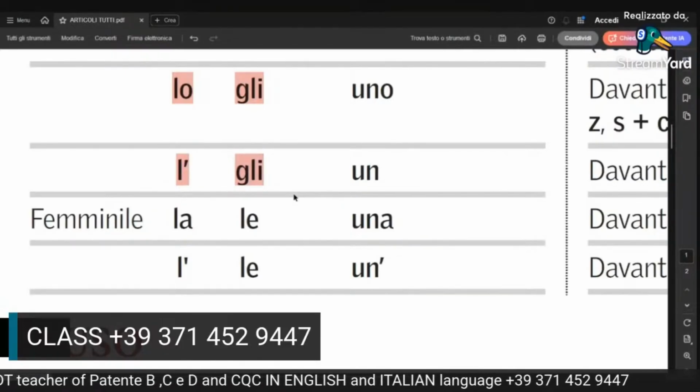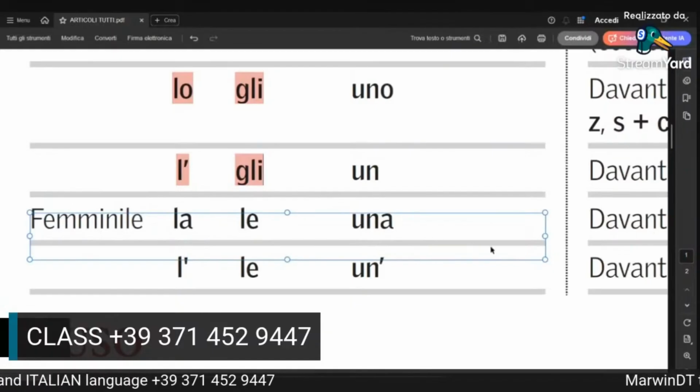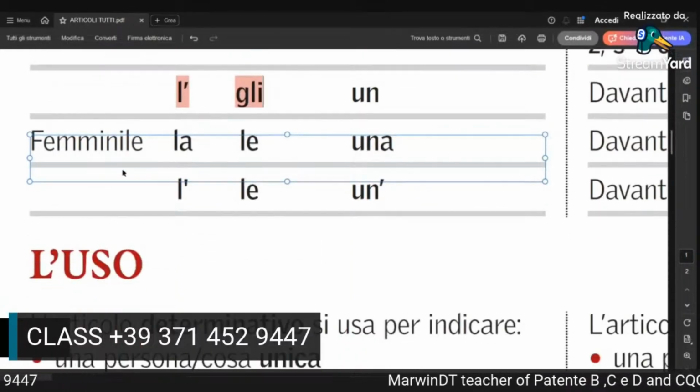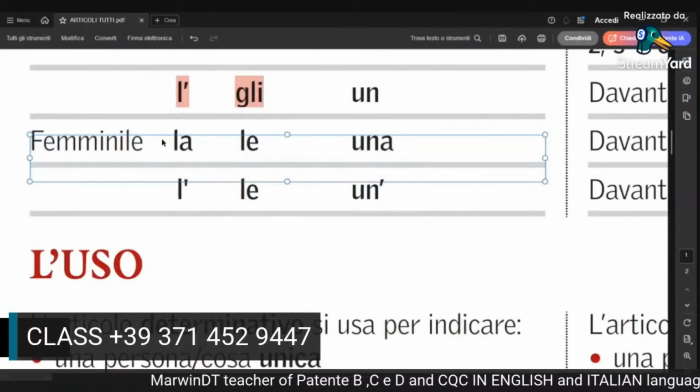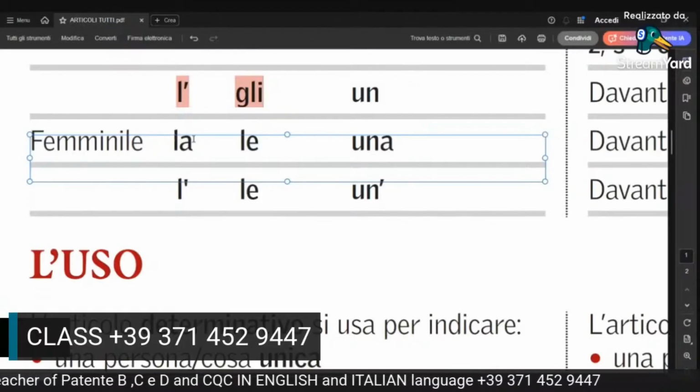Then we have the feminine, which is femminile. When we get to the feminine of articolo determinativo, we have what? La.